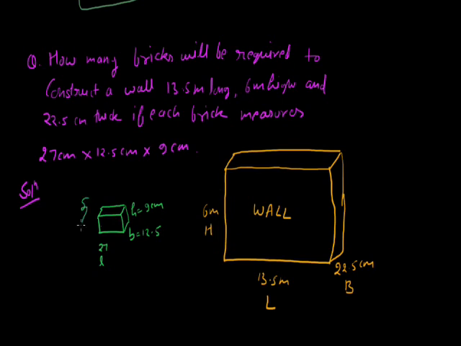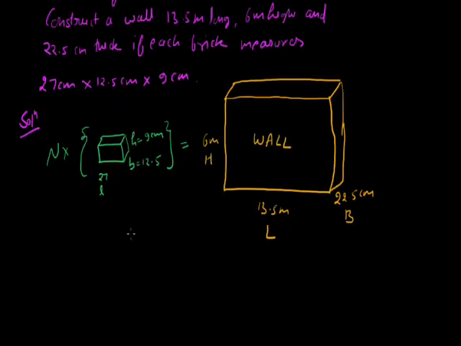Let me suppose that n bricks are required to construct this wall. So this wall is constructed with the help of these n bricks. So their volumes must be equal. The volume of this brick is nothing but l into b into h, and the volume of this wall is nothing but capital L into capital B into capital H. So we have to equate their volumes.